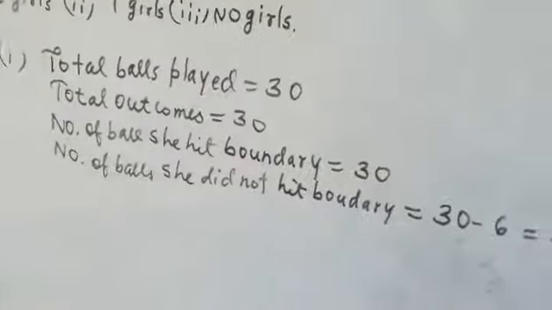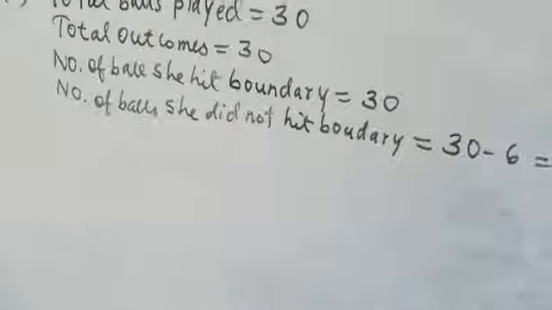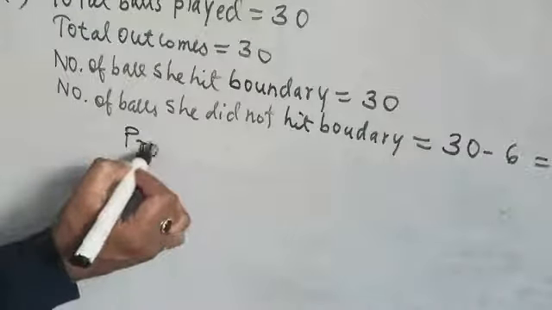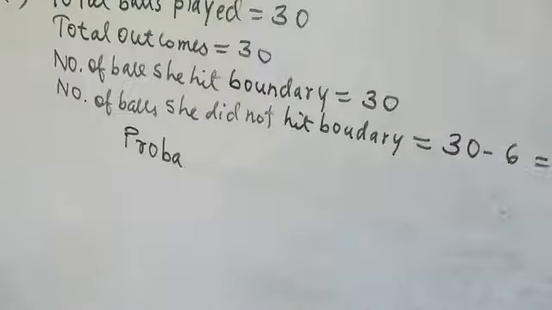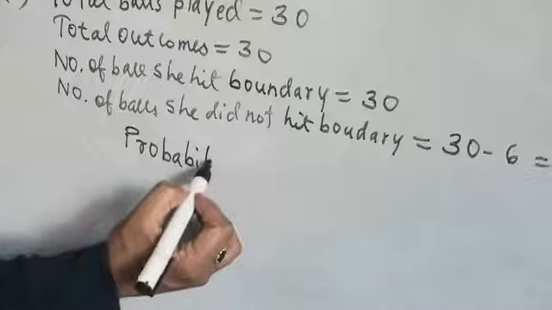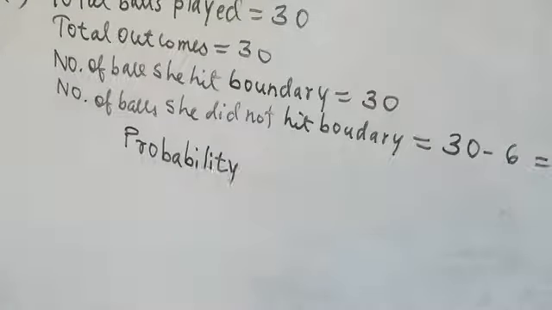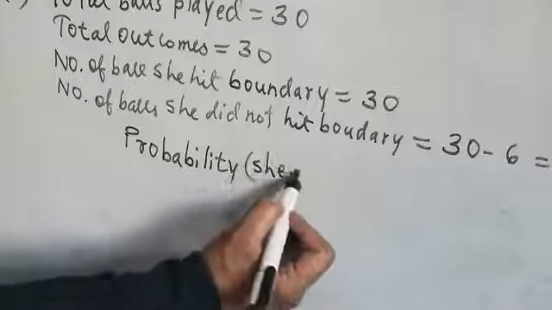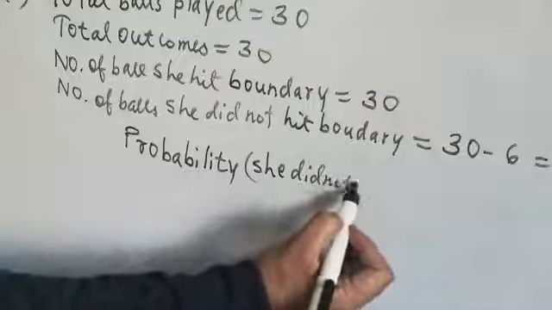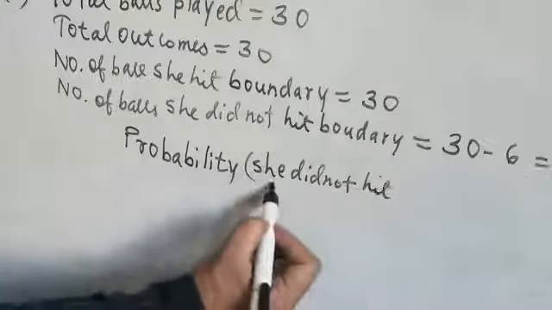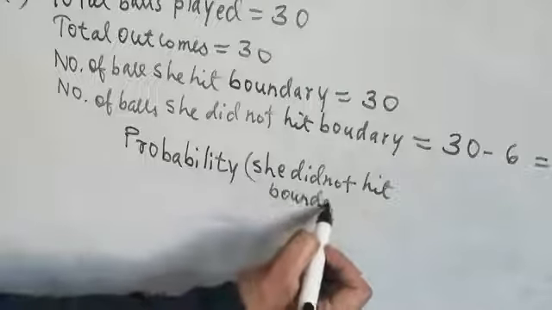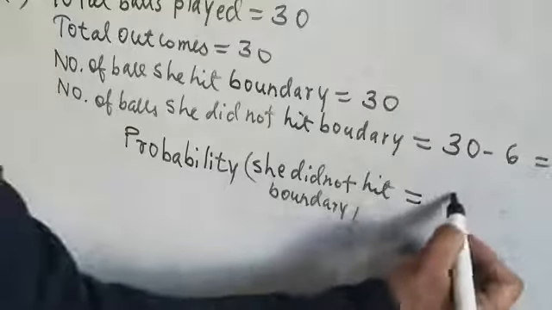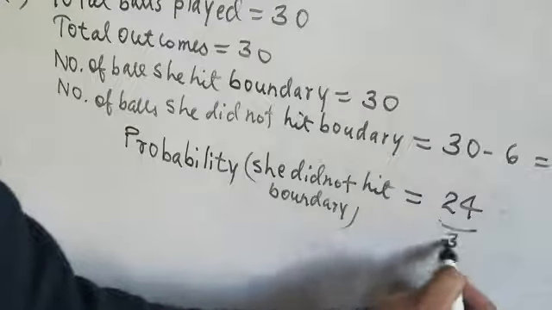Now in the next part, what do we have to find? We have to find the probability. So we will write here the probability, in brackets, she did not hit the boundary, is equal to 24 divided by 30.